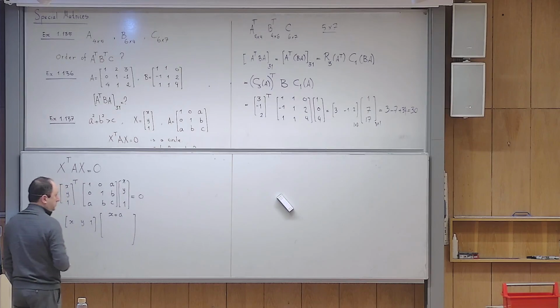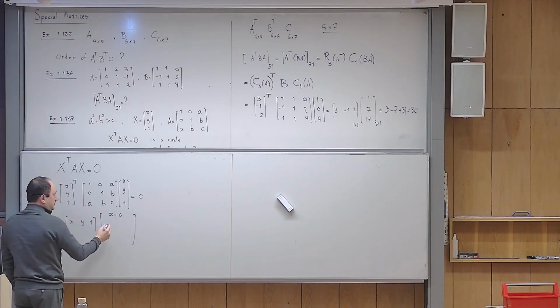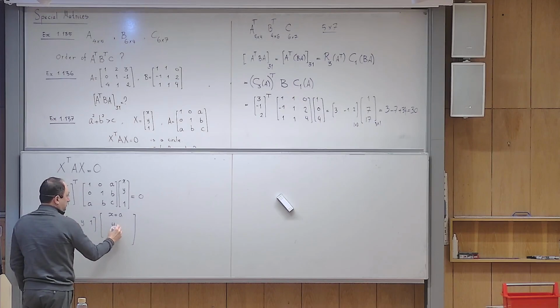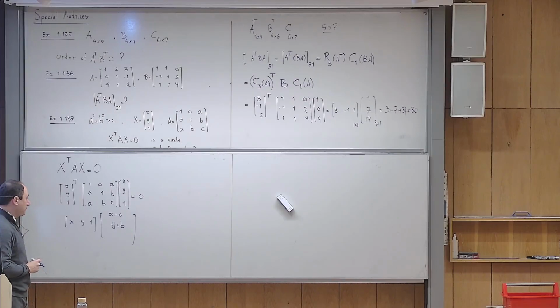So it becomes X plus A. 0 times X, 1 times Y, B times 1. Add them, it becomes what? Y plus B. And what will be the last one? So what's the last one?